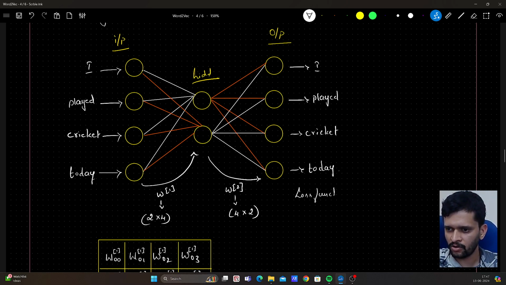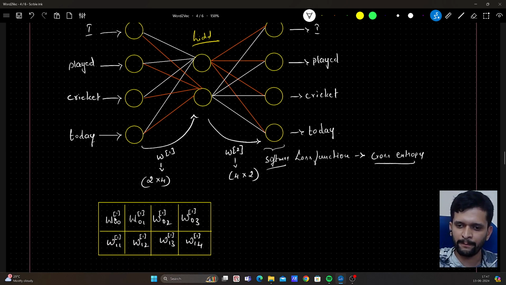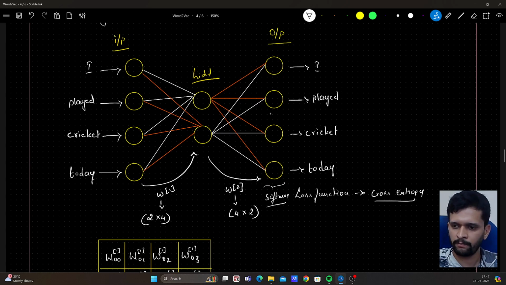In this case, or in general, if we have softmax activation function as the output, we will make use of cross entropy as our loss function, okay? So in order to reduce this loss function, the total cost, we will update the values of this weight matrix while doing back propagation, okay?